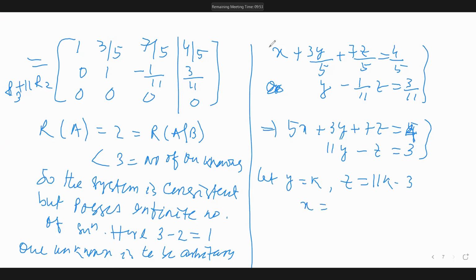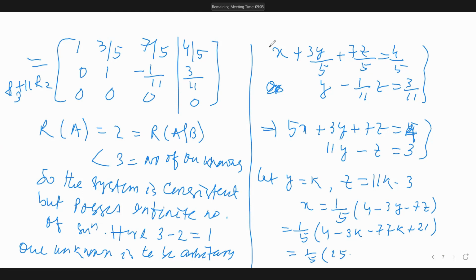Now substitute y and z in the first equation. What will x be? x is 1/5 of 4 minus 3y minus 7z. Substituting, that is 1/5 of 4 minus 3k minus 77k plus 21, which is 1/5 of 25 minus 80k, or 5 minus 16k.